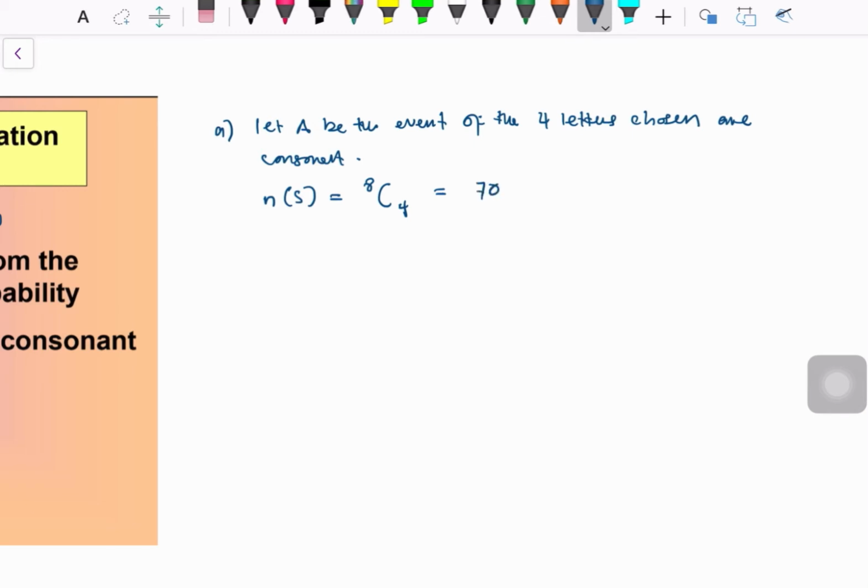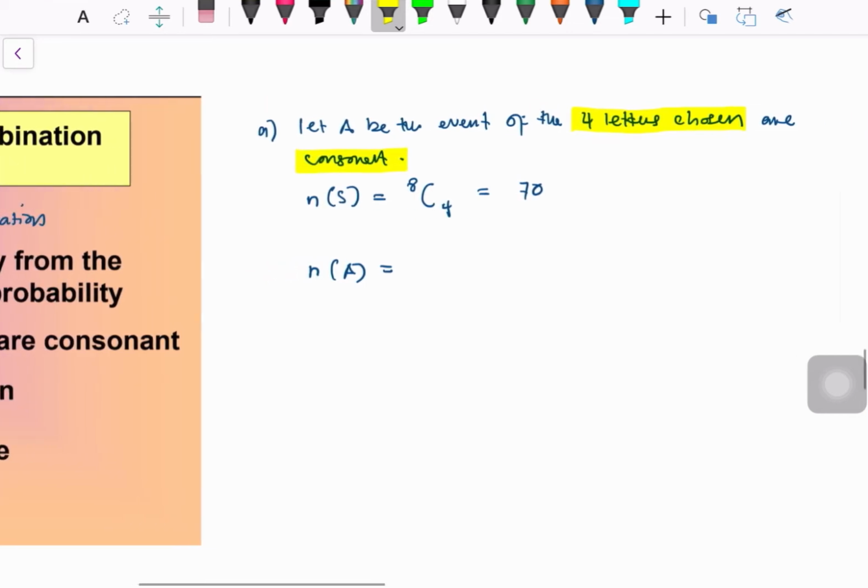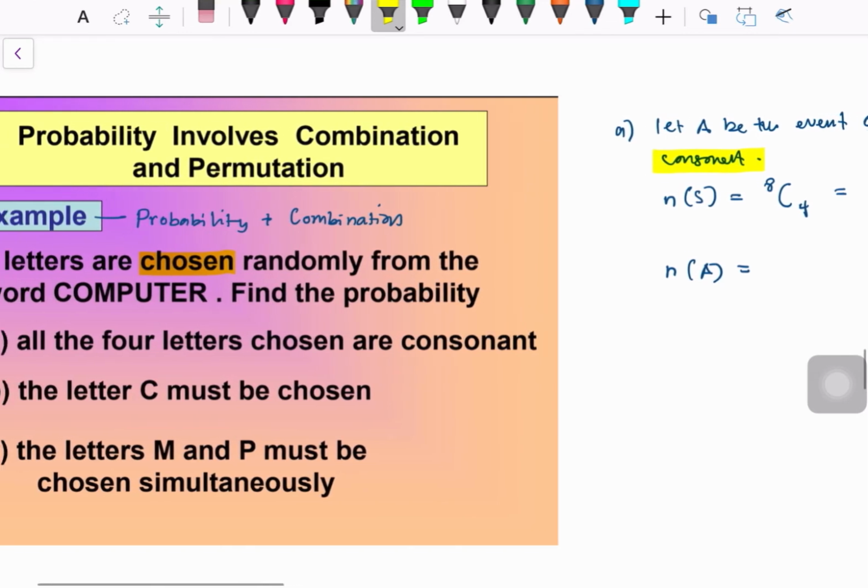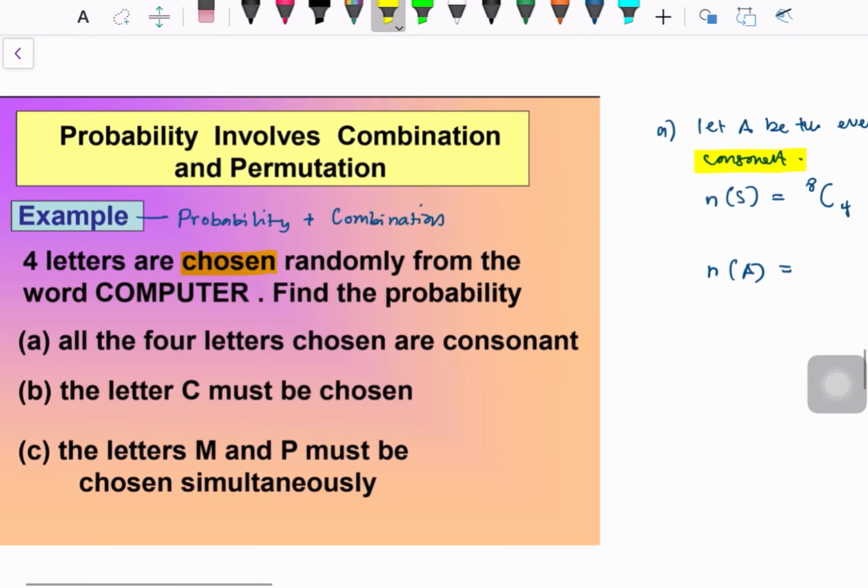Next, I'm going to find the total of event A. Since the 4 letters chosen come from the consonant letters, and in the word COMPUTER the consonants are C, M, P, T, R, the total is 5.